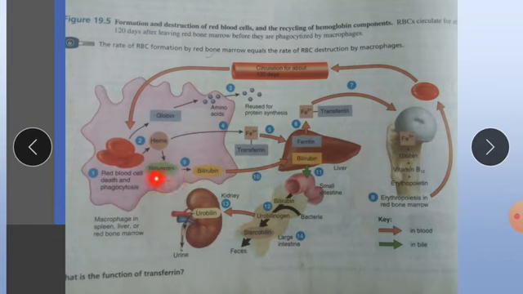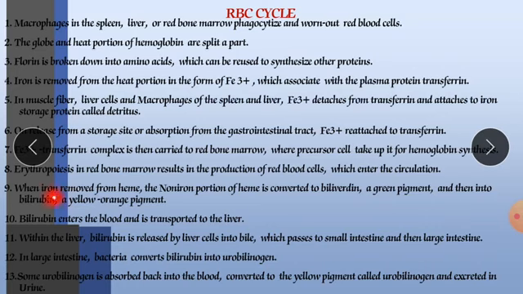It is the green part, and when it gets converted into the yellow pigment, it is called bilirubin. So the non-iron portion of heme is converted into biliverdin, which is green in color, and then into bilirubin, which is a yellow-orange pigment.